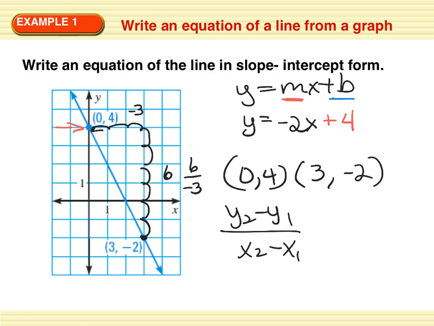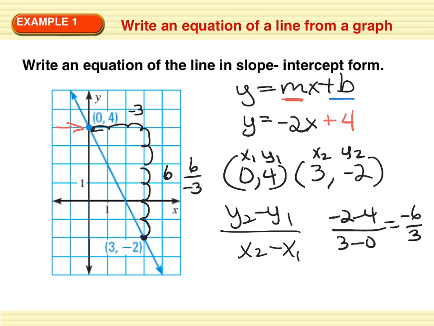So again, if this is x1, y1 and this is x2, y2, then -2 minus 4 over 3 minus 0 gives me -6 over 3, which also simplifies to -2. So I could have still gotten my slope by just using the ordered pairs without counting rise and run.